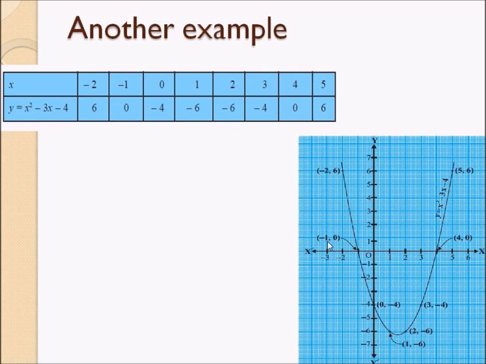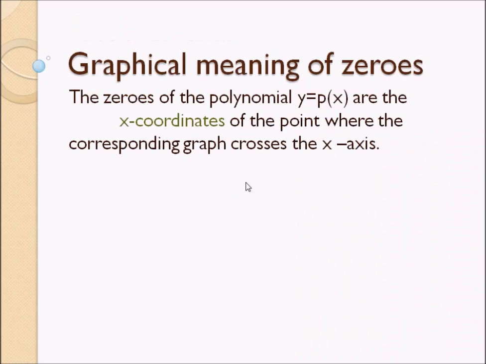Again, at these zeros the coordinate of y are 0, and at these 2 points the graph is cutting the x-axis. Therefore, we can say that zeros of the polynomial y equal to p(x) are the x coordinates of the point where the corresponding graph crosses the x-axis.